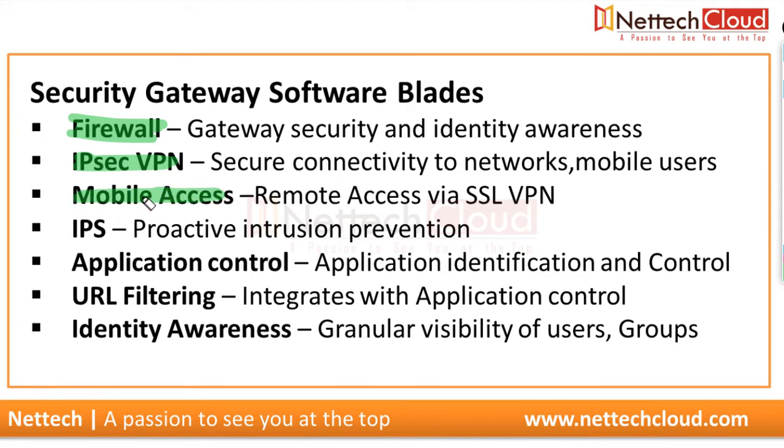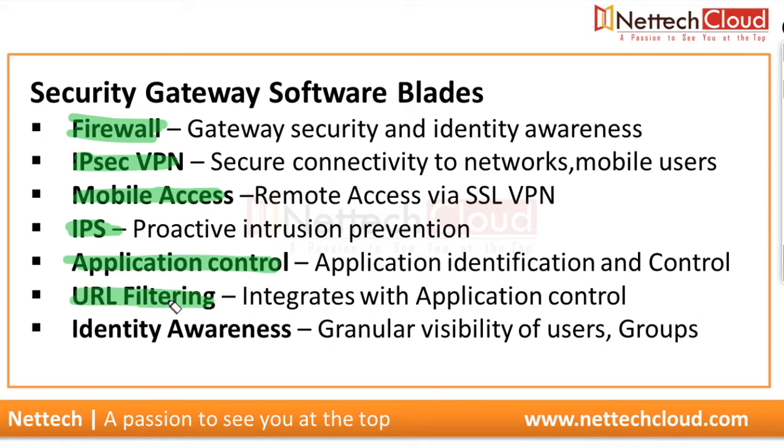The third one, remote access via SSL VPN. IPS, intrusion prevention system, so proactive intrusion prevention as a part of threat prevention. Application control, to identify applications after performing deep inspection inside application data. For that, we need to license and enable the application control software blade, very important, along with URL filtering.